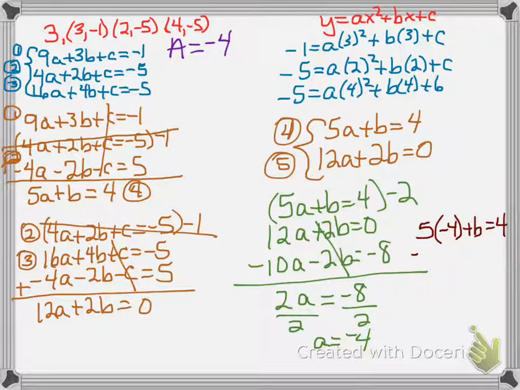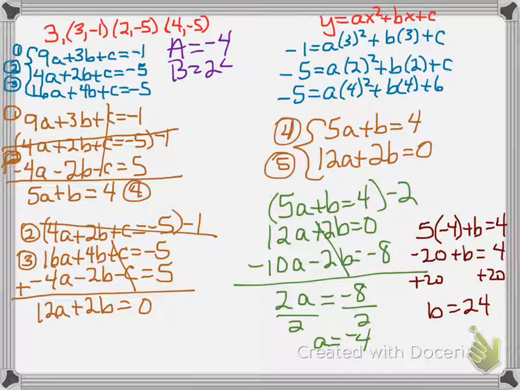Now, 5 times -4 is -20, plus b equals 4, and then add 20 to both sides. Okay, so I have b is equal to 24. Alrighty, b is equal to 24.